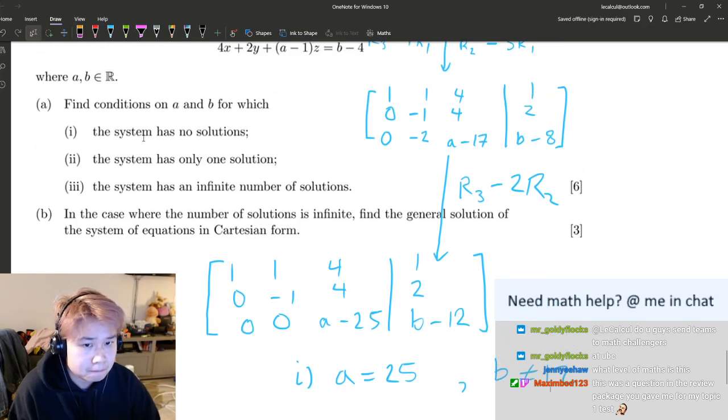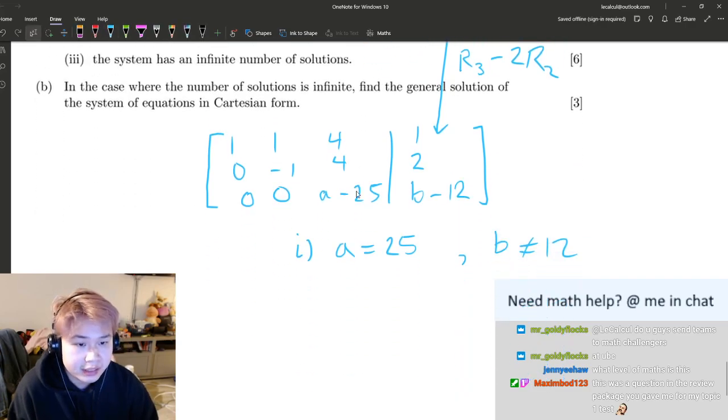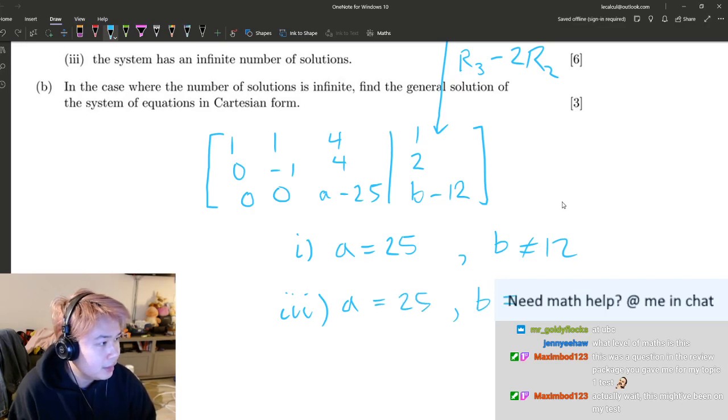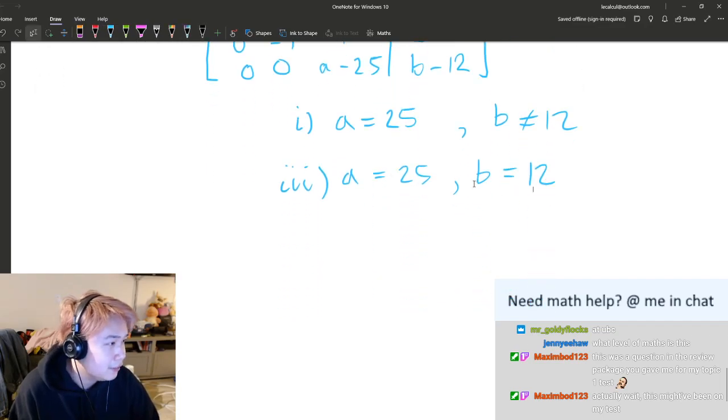Okay. And then, let's see. I'm going to skip this one because it's easier to explain the third one first. An infinite number of solutions would mean that this entire row should be all zeros. So we want A to be 25 and B to be 12.